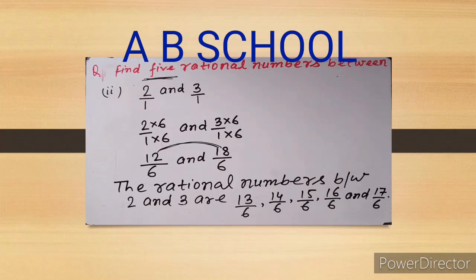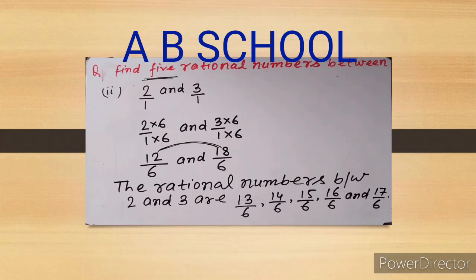So what we have seen: if the denominators of the rational numbers are not equal, as in the last question, then we will equalize the denominators. And when denominators are equal, then we will multiply the numerator and denominator of both rational numbers by the number that is one ahead of how many rational numbers you have to find.